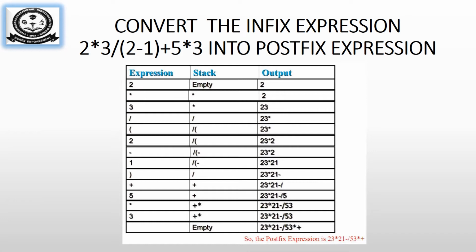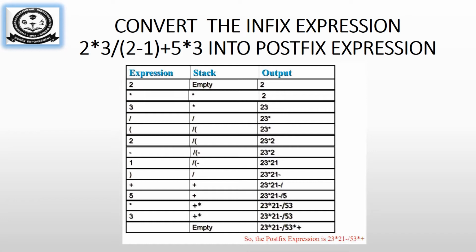Then you encounter an open parenthesis. Open parenthesis doesn't have any priority, so you can just push it into the stack. Then you encounter 2, so 2 will be printed out. Then minus, so you will be pushing minus into the stack. When you try to push minus into the stack, the topmost symbol is an open parenthesis, which doesn't have any priority, so minus will be pushed into the stack.